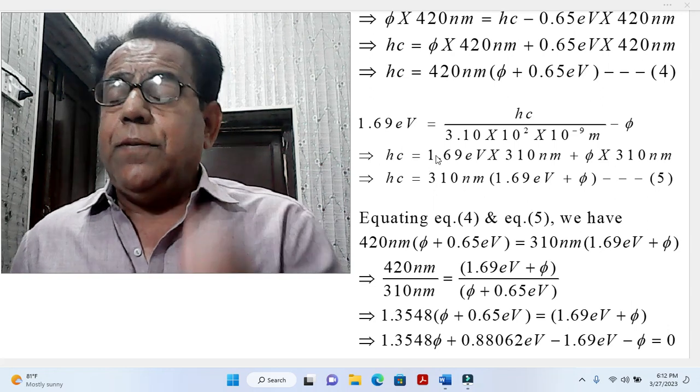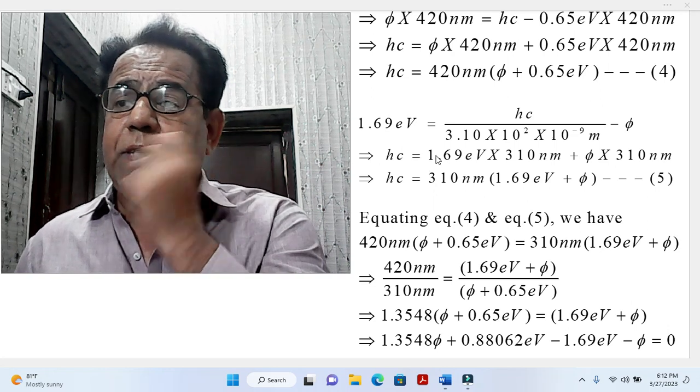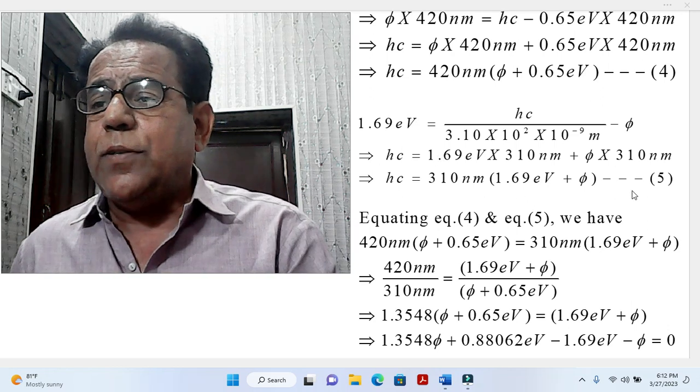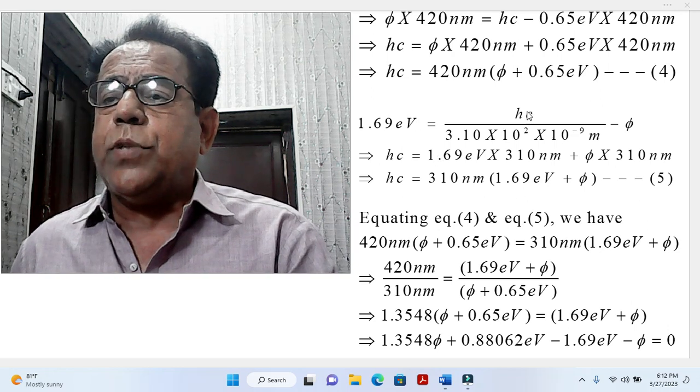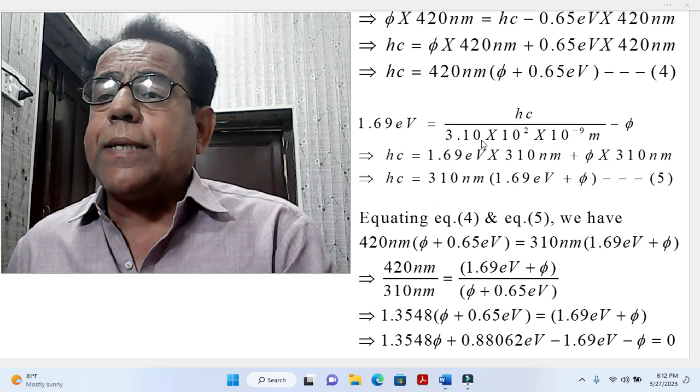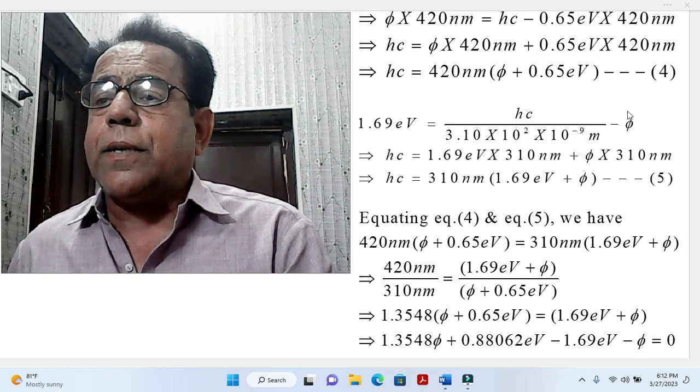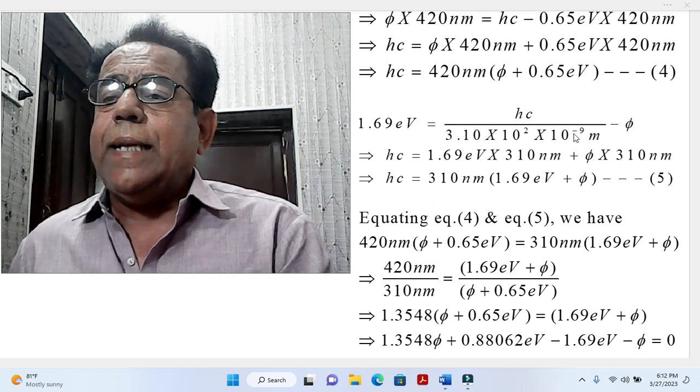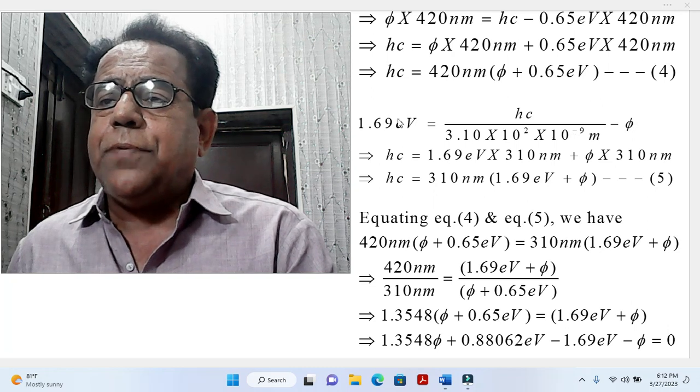Similarly, now we are dealing with equation number 3, which will be transformed into equation number 5. This equal to this over this. This factor will be multiplied with this factor. Then this factor will be multiplied with this factor.